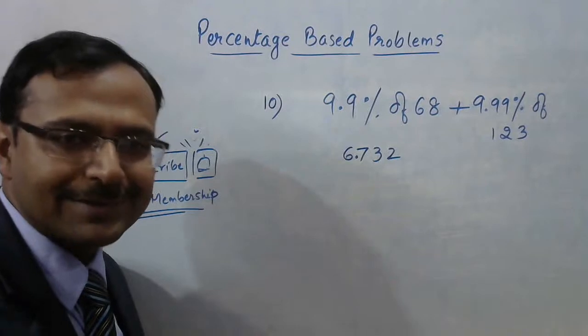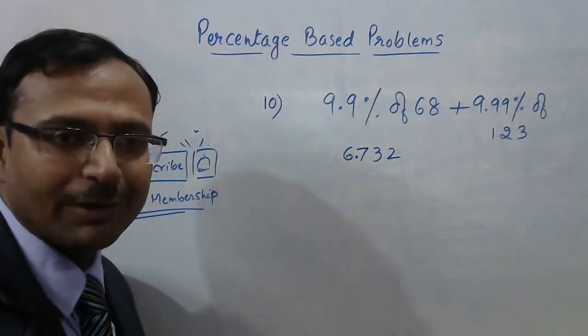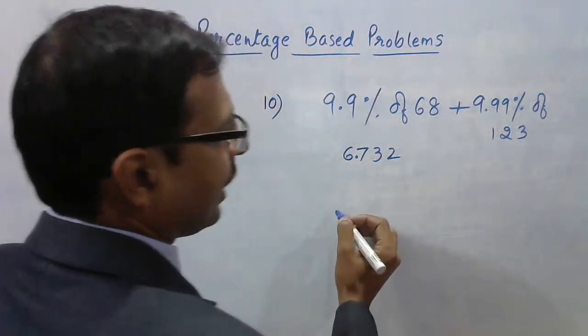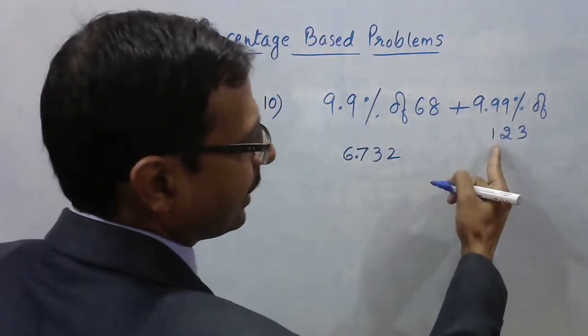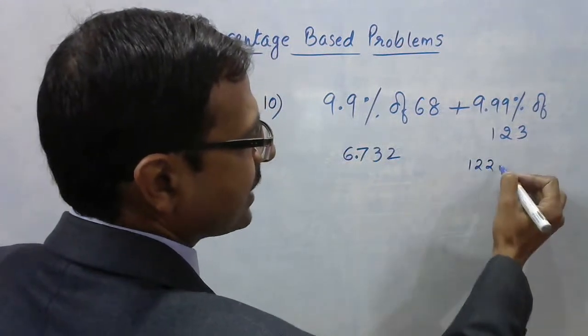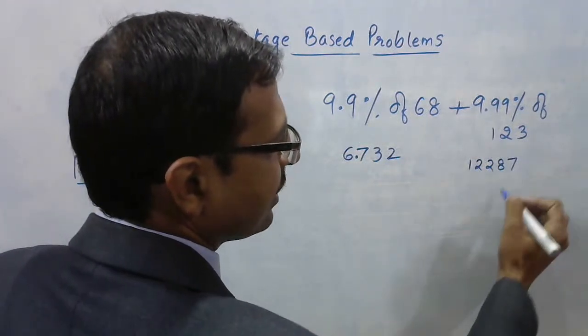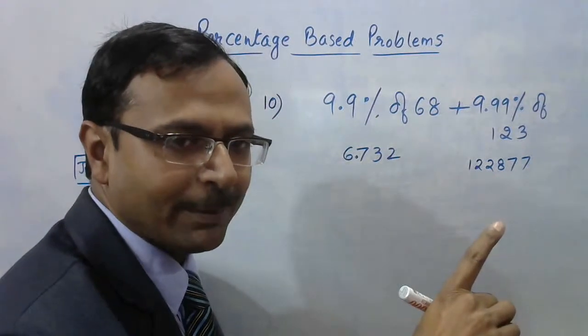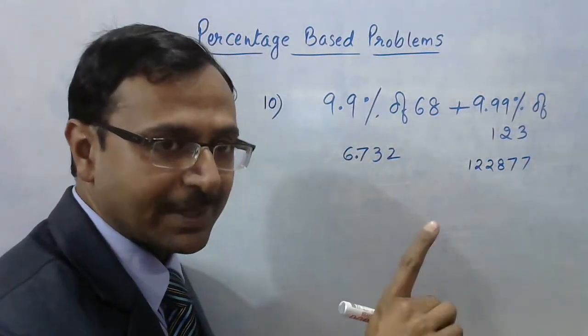See friends, with short tricks you become a magician in solving the questions. 999 into 123. How do you solve this one? 123 becomes 122. 9 minus 1 is 8. 9 minus 2 is 7. 10 minus 3 is 7. So all digits are to be subtracted from 9, but the last digit is to be subtracted from 10.